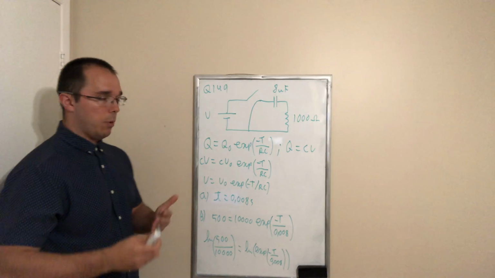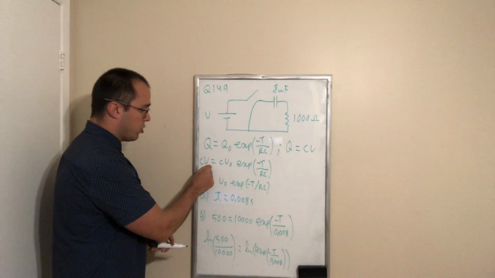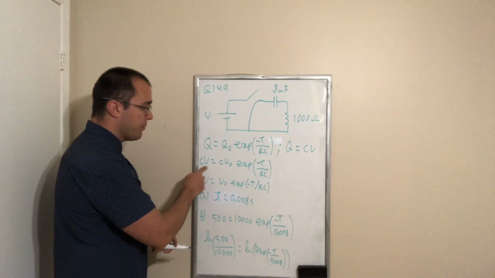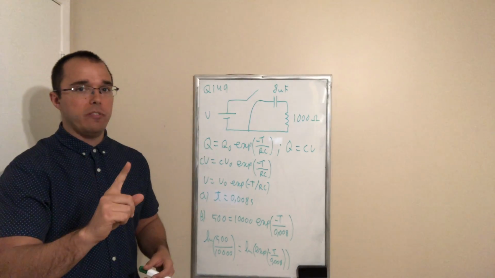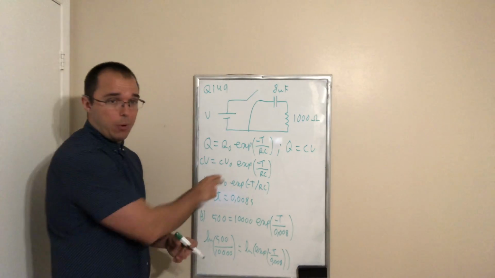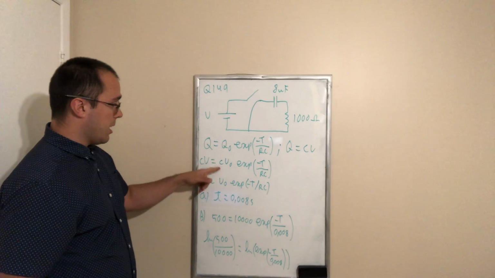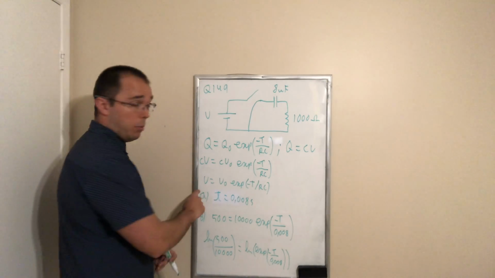The voltage obviously will be slightly different. So the voltage at any given point is equal to the capacitance multiplied by the initial voltage. That's important. Initial charge, initial voltage. All right. Now note, capacitance, capacitance, these are the same, which means that we have that formula over here. That will be for part B.